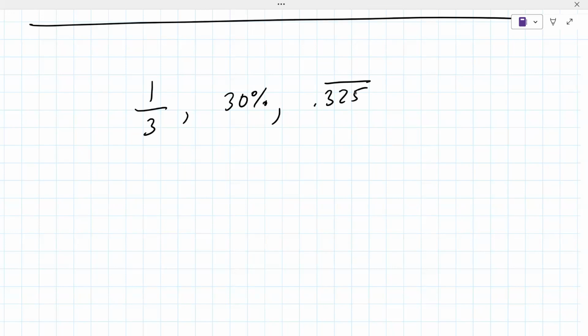And 0.325. So starts with one is 1/3, then 30%, then 0.325 repeating.